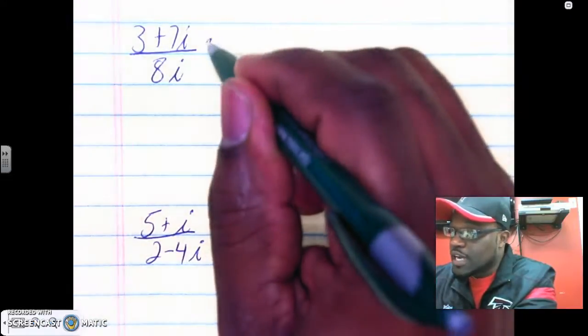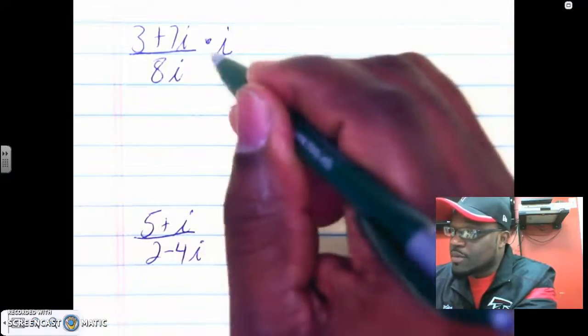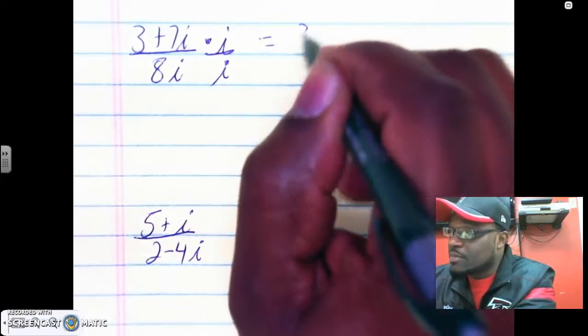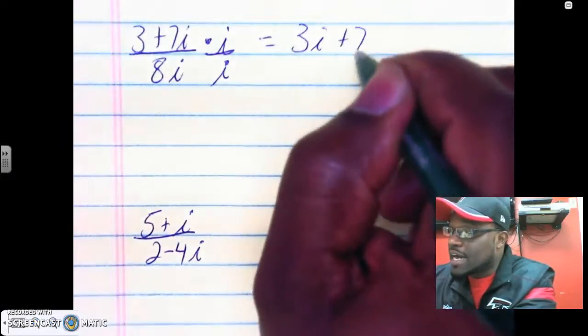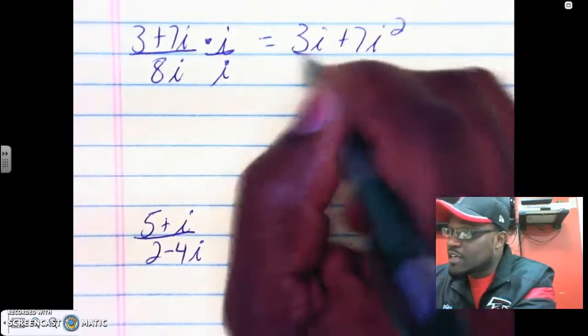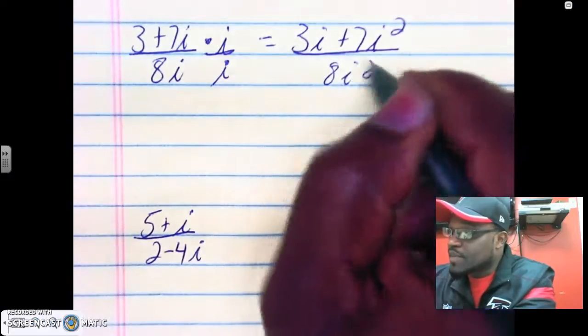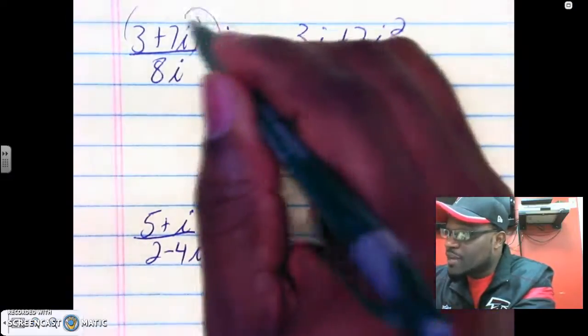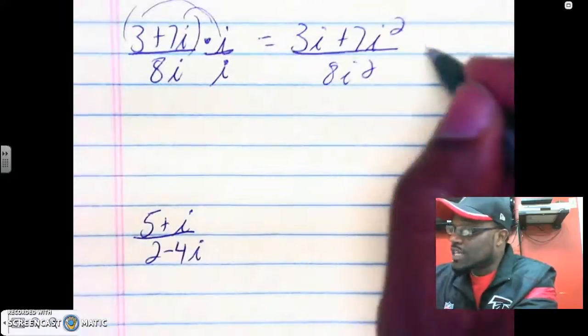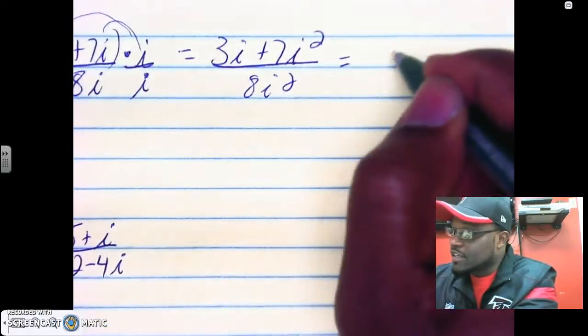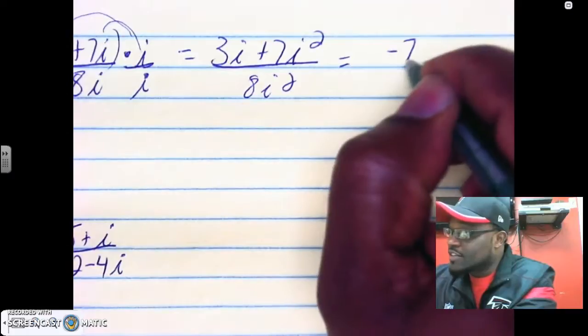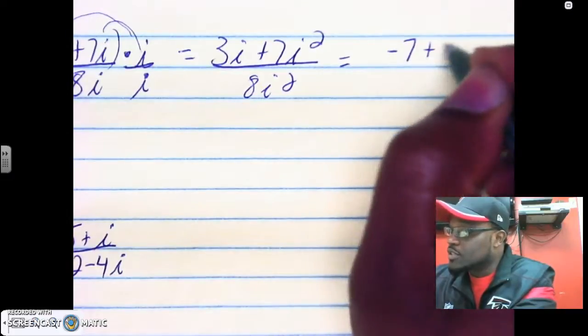Well, you multiply your numerator and your denominator just by i if it's a single term. And notice what I get when I do that. That's the distributive property for i, basically. And so when I simplify, I get negative 7 plus 3i.